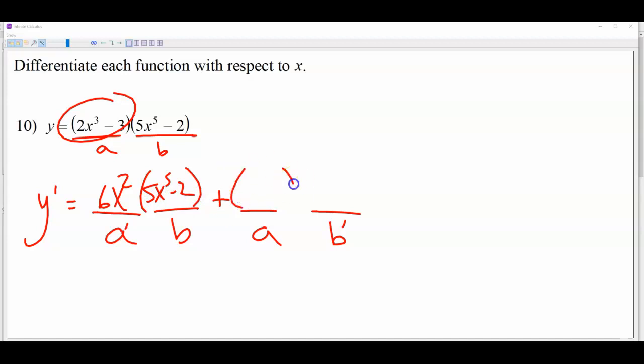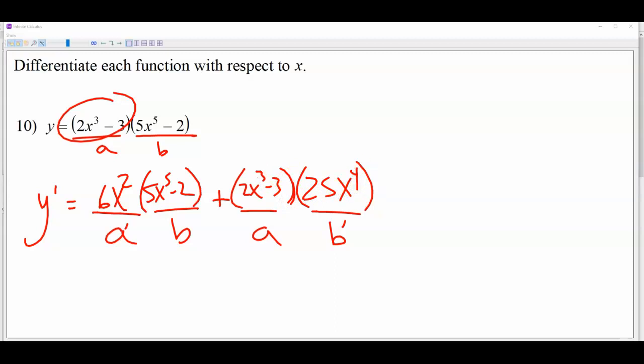A stays the same for this one. And then here, B gets primed, which is going to be 25. I think I wrote that A wrong. Let me back up. Sorry about that. Wrote my A wrong. A is supposed to be 2x cubed minus 3. And then B prime is 25x to the 4th.